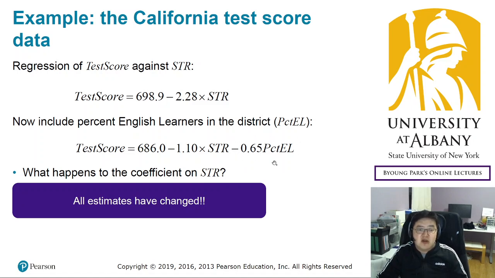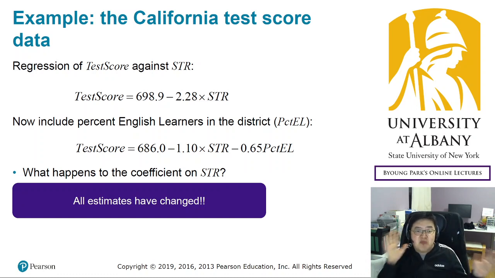This is good, but what you need to look at here is this number and those two guys. So the intercept and the slope for the student to teacher ratio were the same parameters as before as in here, but they have changed. So including additional variable changes everything.